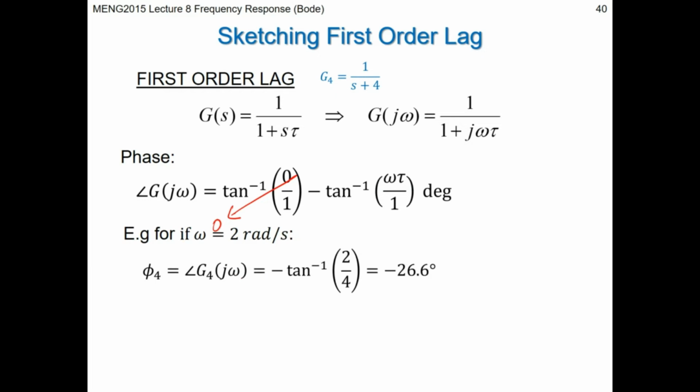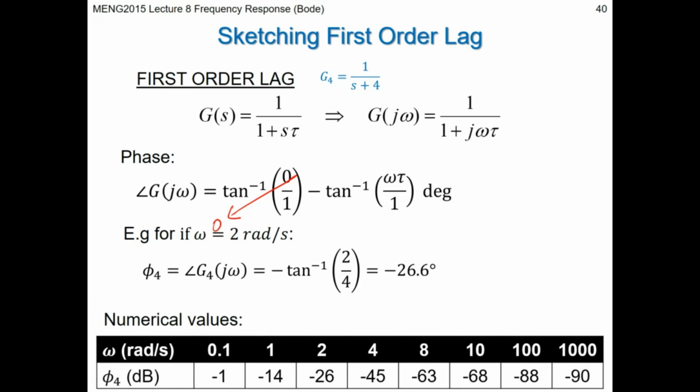So of course this does have a shape to it, because tau, although constant, you multiply that by omega, and you're going to get varying values of argument. So if we take omega equals 2, for instance, 2 radians per second, then we're going to get minus 26.6 degrees. And so we could look at different numerical values again and plot them just by substituting them into this equation here.